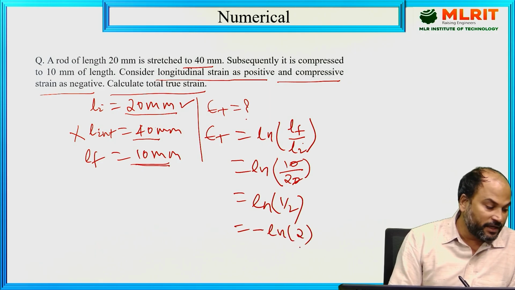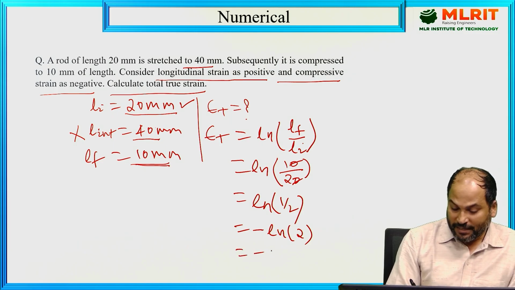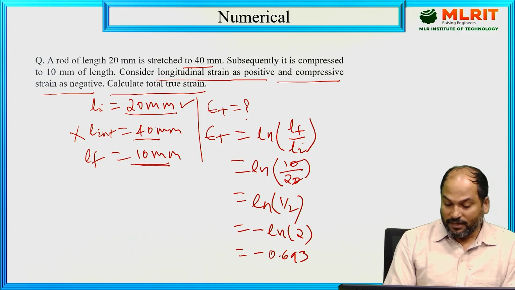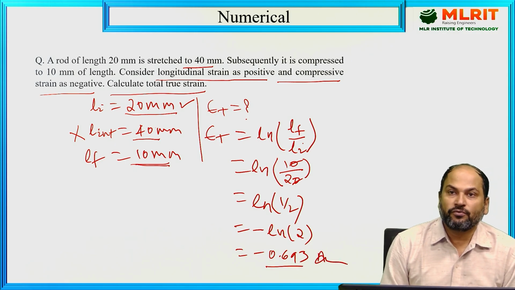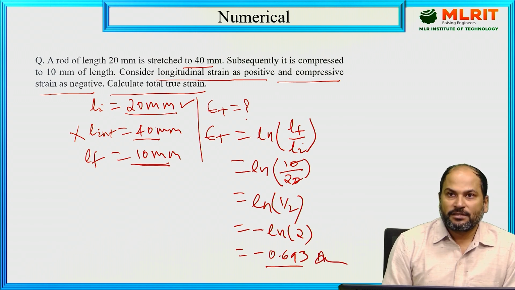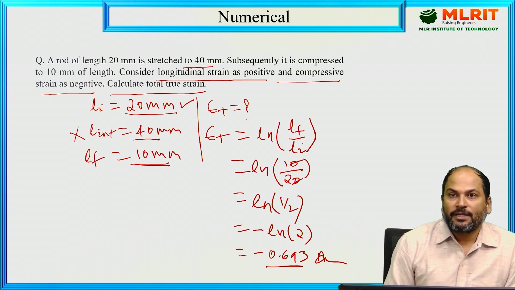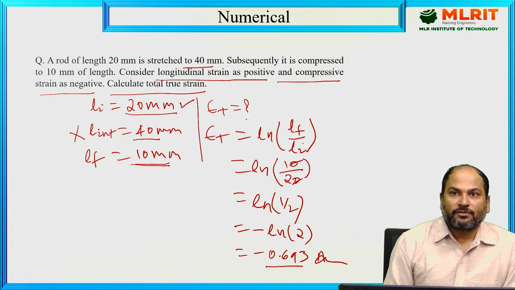And the value of this is simply minus 0.693. This is the answer. So the total true strain during this progressive deformation is negative 0.693. So we'll stop this lecture here, and next lecture we'll come up with some other metal forming processes.